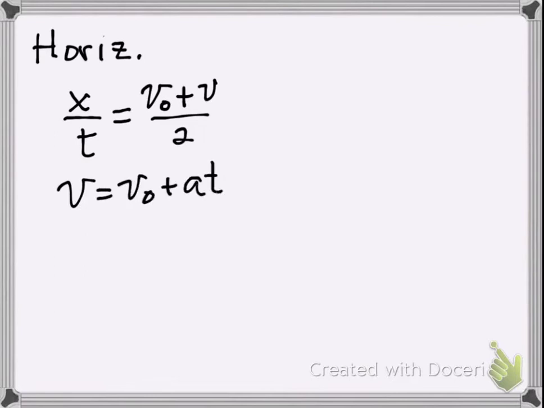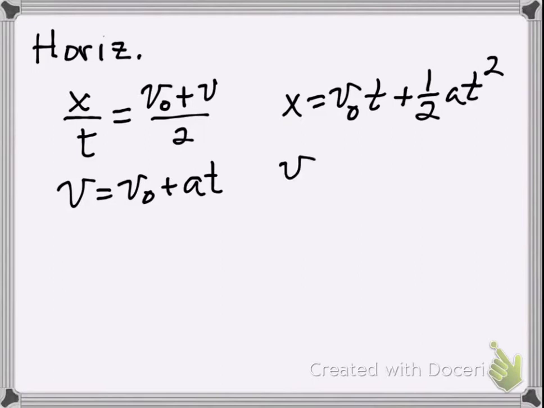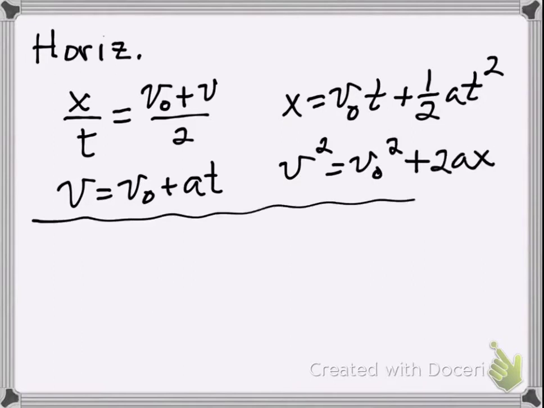The third equation is x equals v sub 0 t plus 1/2 at squared. And our final equation, v squared equals v sub 0 squared plus 2ax. So those are the equations that we used for horizontal motion.